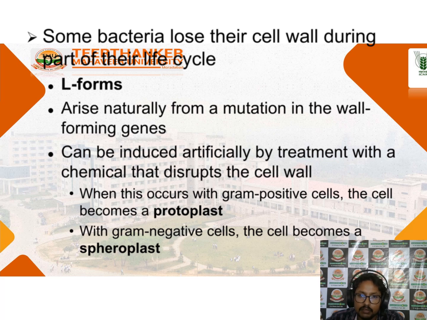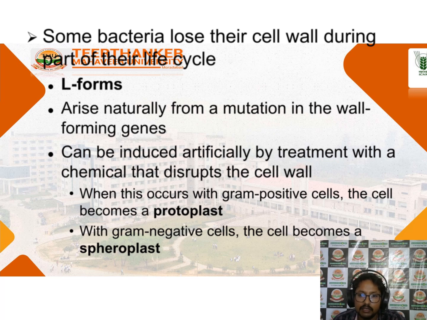Next, coming to the L forms. L forms arise naturally from mutation in the wall forming gene, but they can also be induced artificially by treatment with enzymes which disrupt the cell wall.